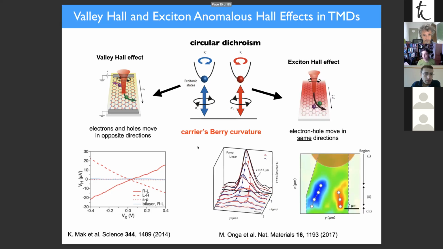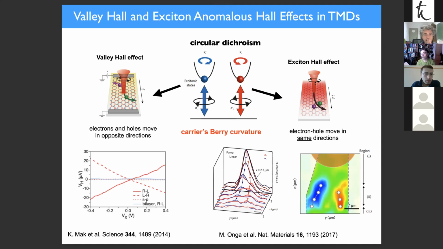It has also been shown that the excitons present this Hall effect, but for that you cannot do as before and accelerate the exciton with an electric field, because this electric field is going to dissociate the electron and hole that move in different directions. So instead, what people have done is to enhance the temperature in one of the regions, and by diffusion, this exciton is going to move.